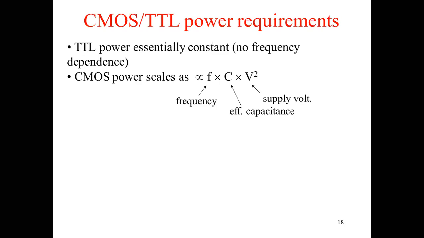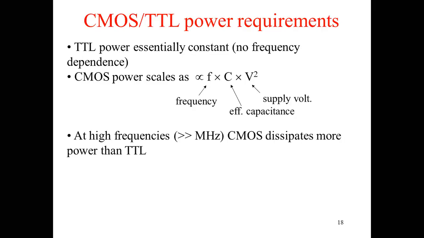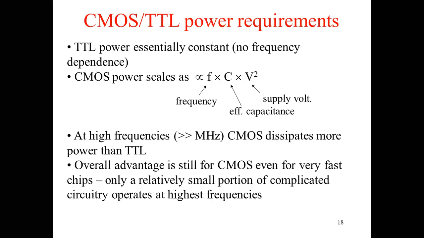F is frequency, C is the effective capacitance, and V is the power supply. Suppose we are using a 5 volt power supply, then it is 5 squared. At high frequency, CMOS dissipates more power than TTL. Overall advantage is still for CMOS, even for very fast chips. Only a relatively small portion of complicated circuitry operates at high frequencies.